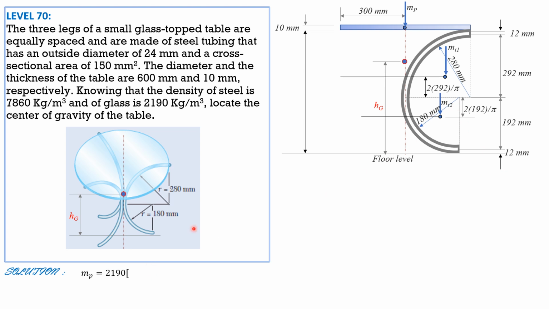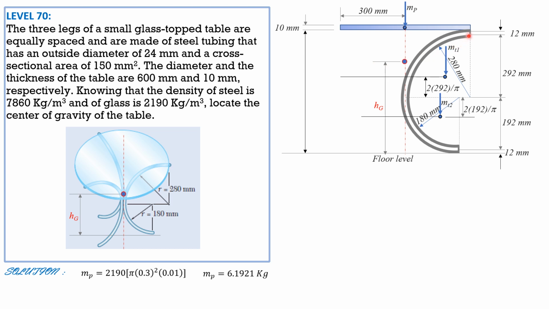Mass of plate is plastic density times volume, pi times 0.3 square times 0.01, the thickness. So M of plate is M of table plastic is 6.1921 kilograms. For MT1, it is area times length of path, pi r over 2, pi times 0.292 over 2. The area is 150 mm square divided by 1000 square to convert it to meter square.